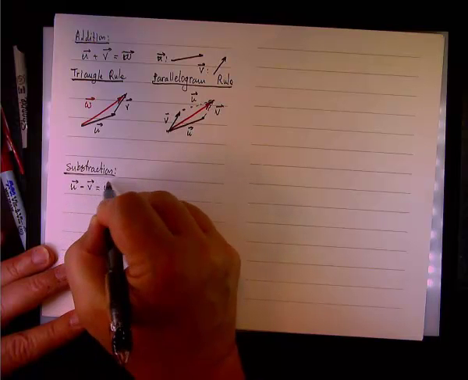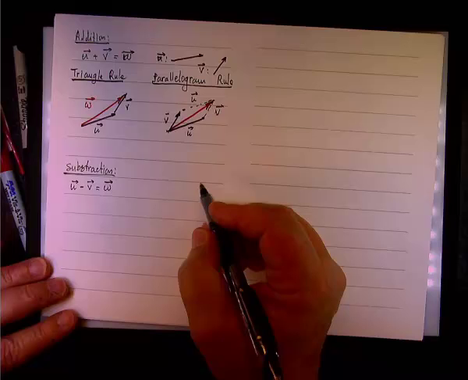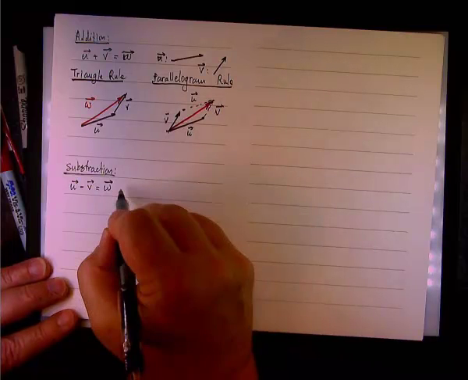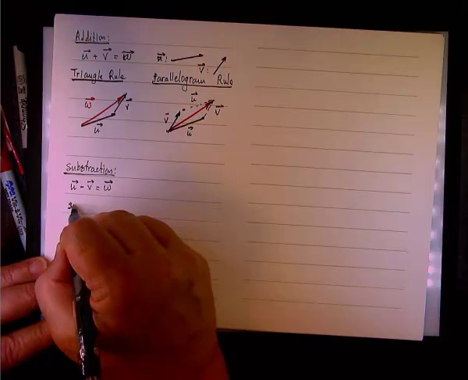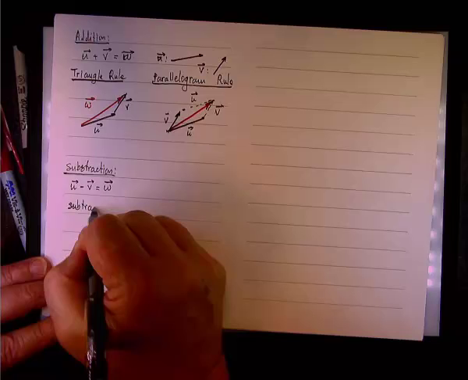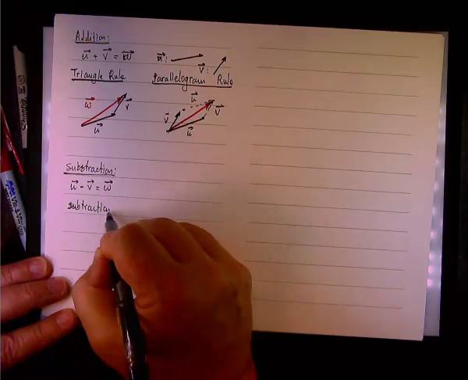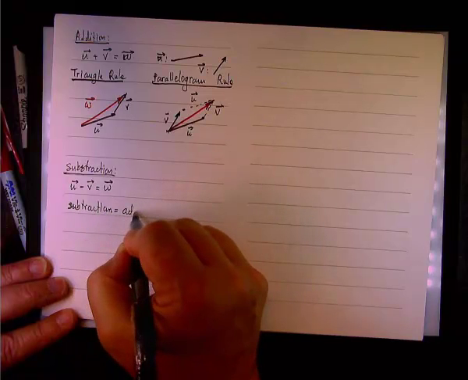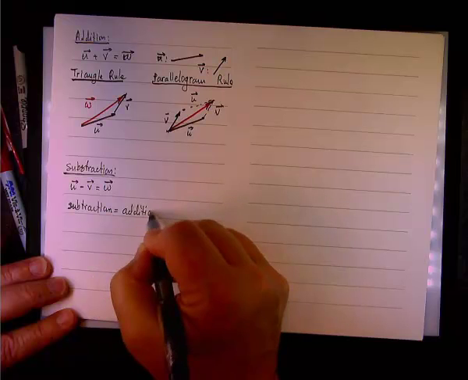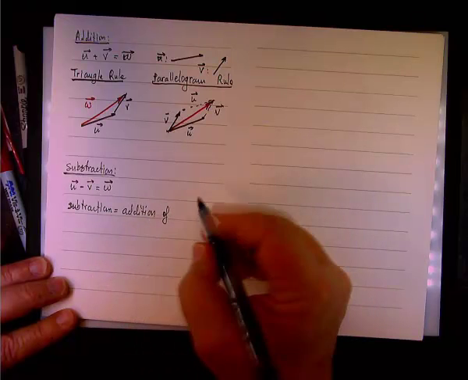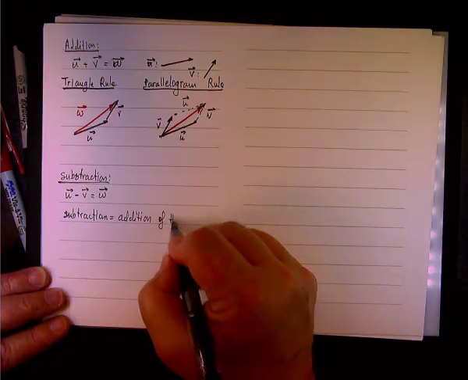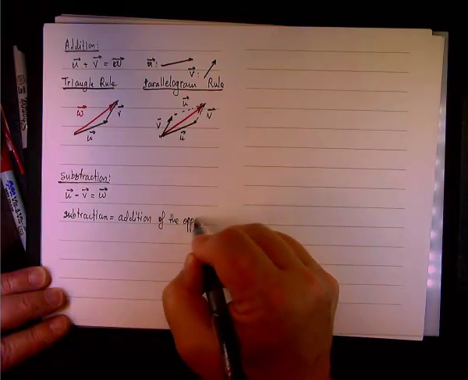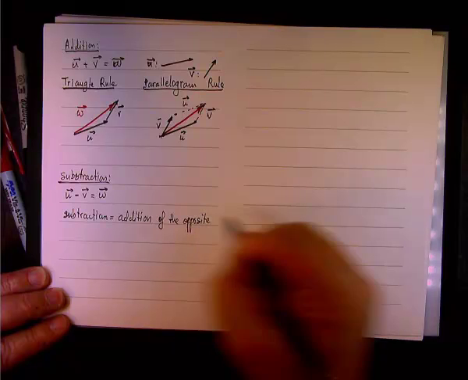Subtraction is similar to what we had before. Vector u minus vector v gives you a vector w, like so. The way to do it is that we can write subtraction as addition of the opposite. So subtraction equals addition of the opposite vector.